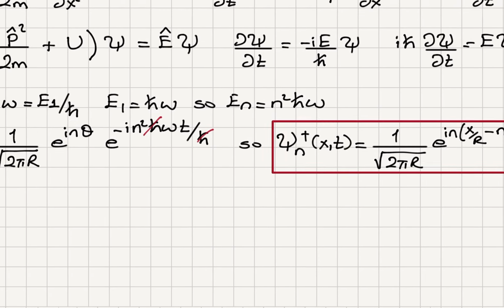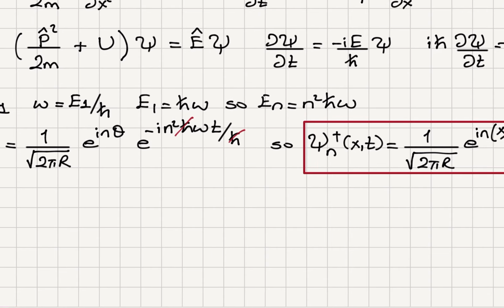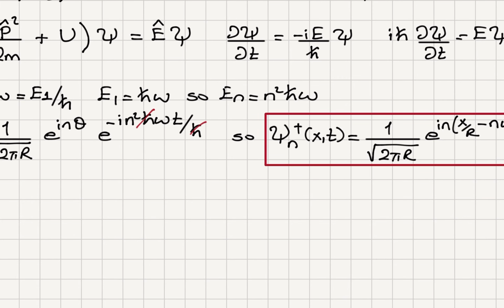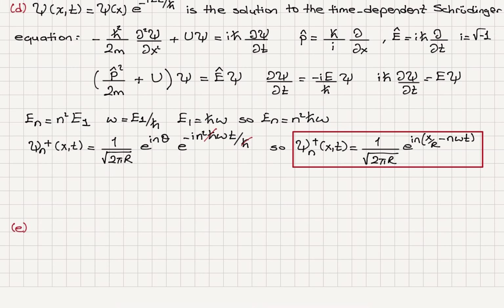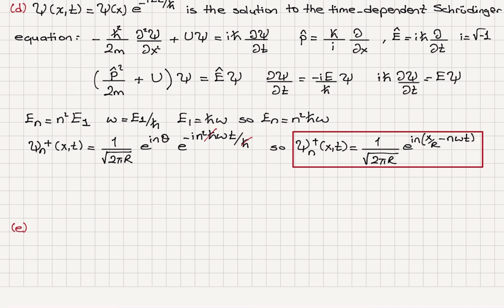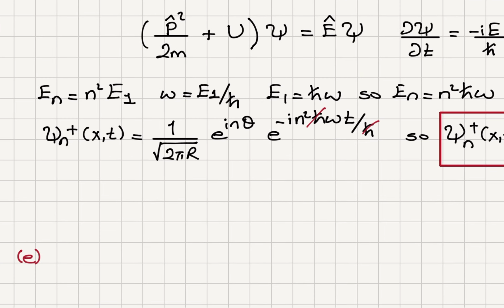So let's double check. We have e to the i n theta, e to the i n x over R, and then we have e to the minus i n squared omega t, which is what I have from the time-dependent part. And similarly, I can write the psi minus solution.